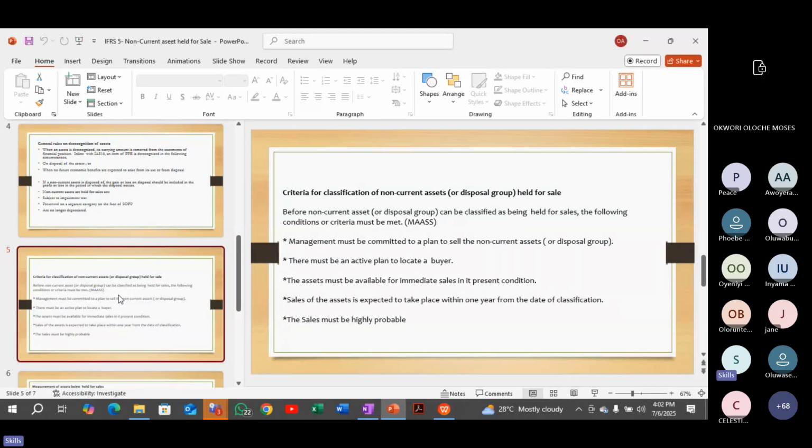But one thing accountants need to understand is this. Where one criterion is not met, it makes the others valueless, whereby you will no longer need to calculate.